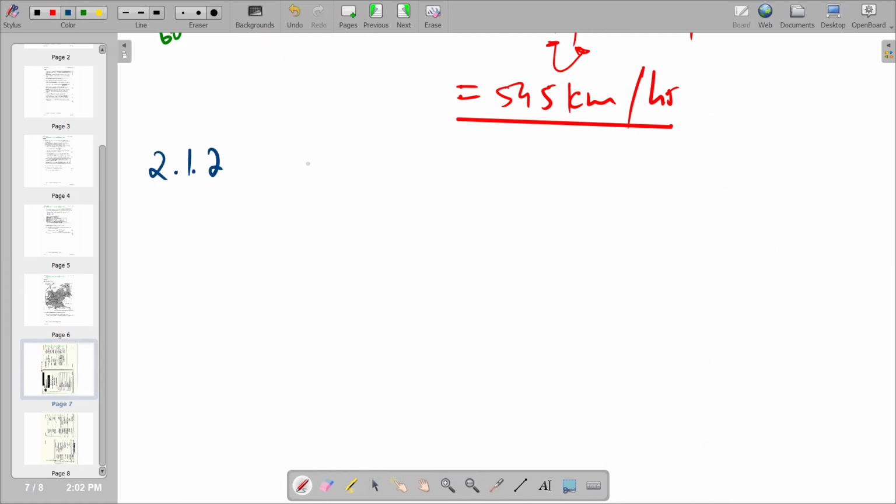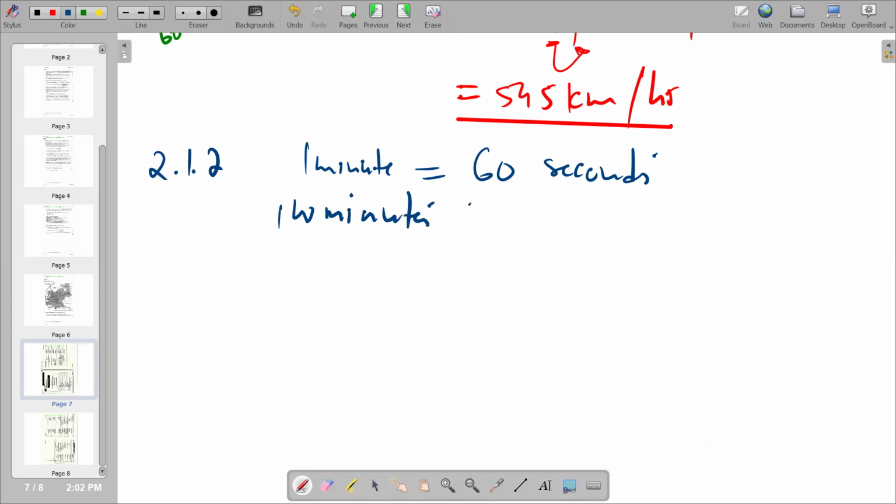We know that 1 minute is equal to 60 seconds. So to convert our 100 minutes to seconds, we are going to multiply it by 60 seconds.